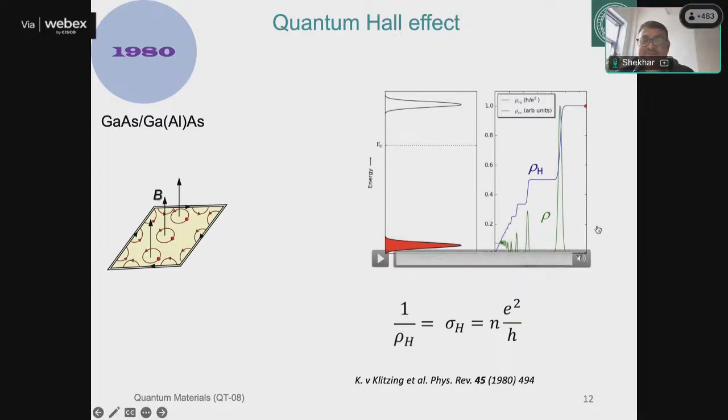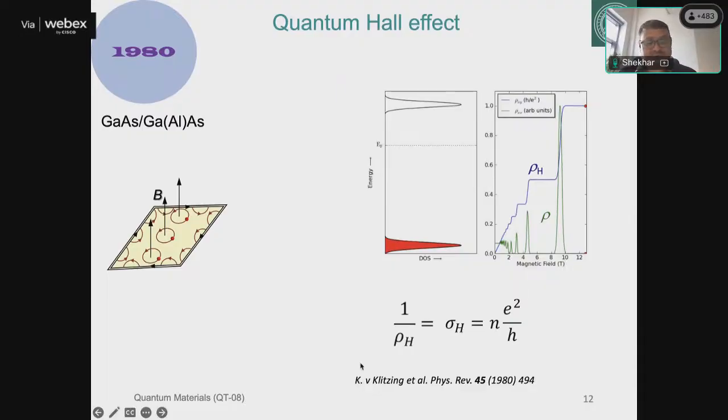You can see at high field, at maximum field, this value of the resistance is really quantized, e squared by h. These two quantities, e and h, are basic quantities. They don't change, independent of the material. So the Hall resistance is quantized in terms of e squared by h. That is called the quantum Hall effect.